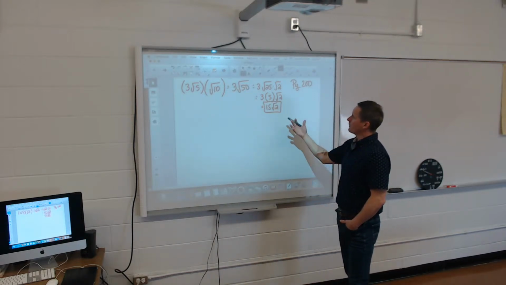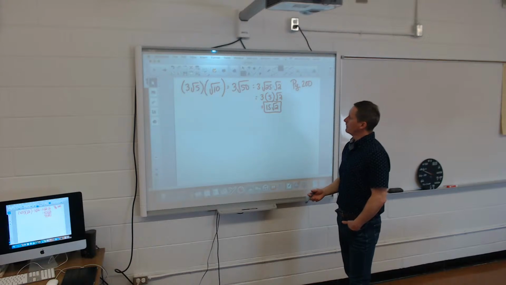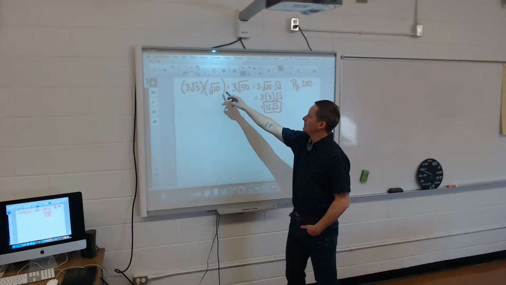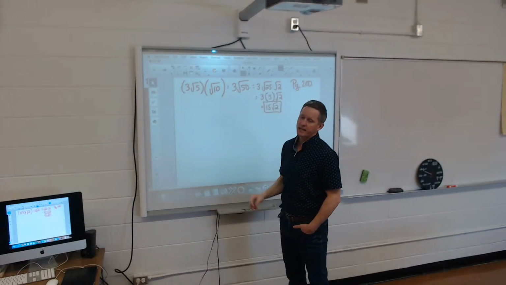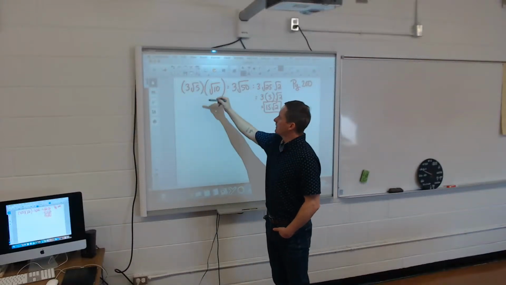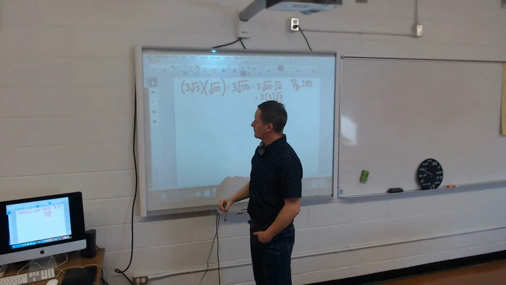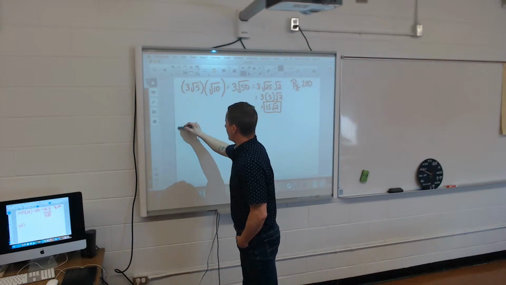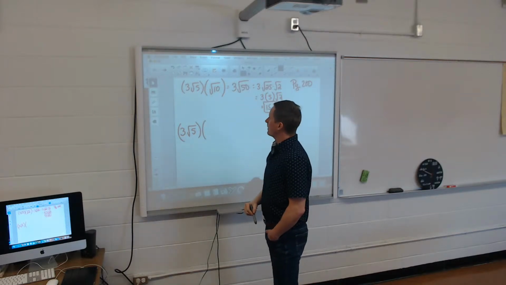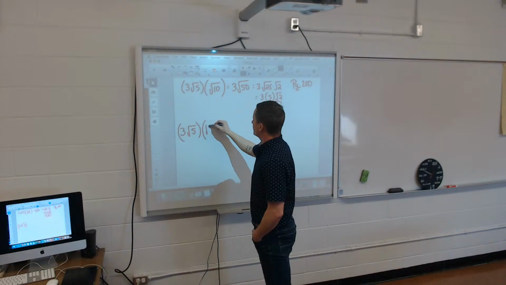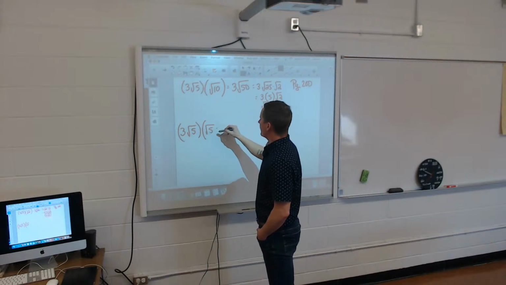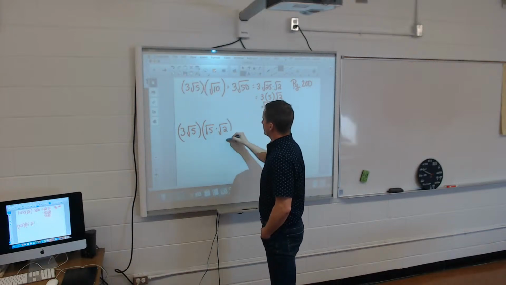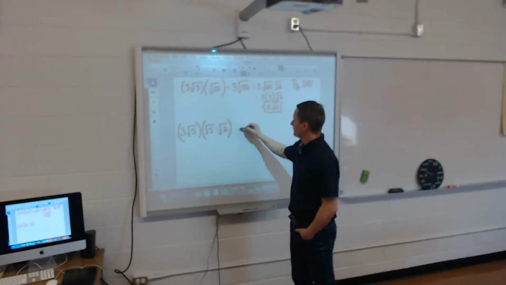Okay, so the other option to do this question would be to break down root 10 into some of its factors that work with root 5. So what I mean is this. I have 3 square root 5 here. That's as small as it can go. But I see that root 10 has a root 5 in it, because it's root 5 times root 2.